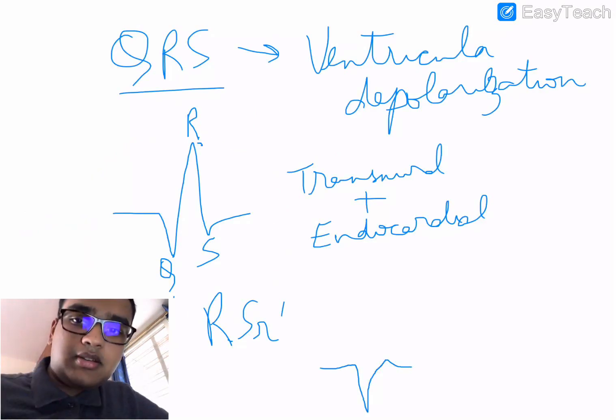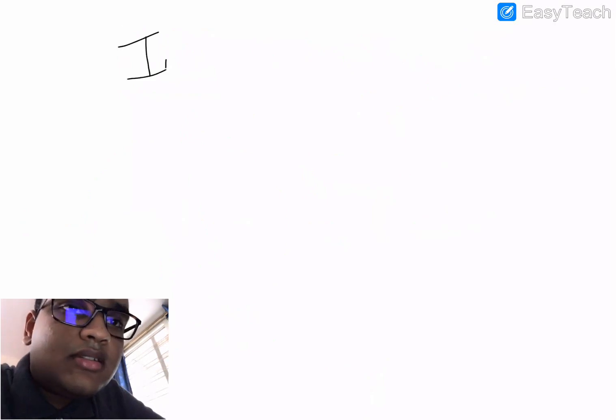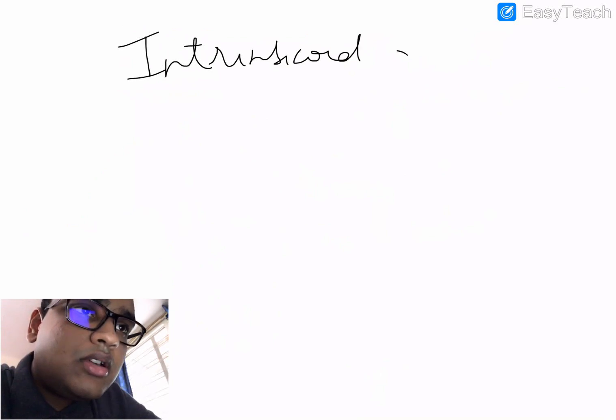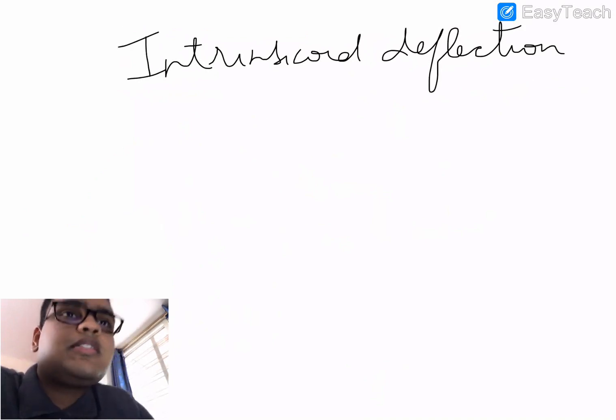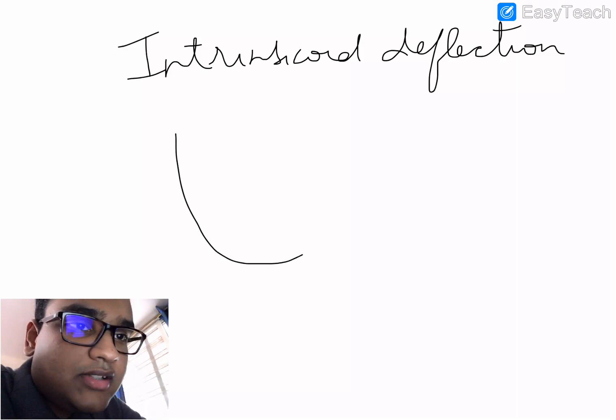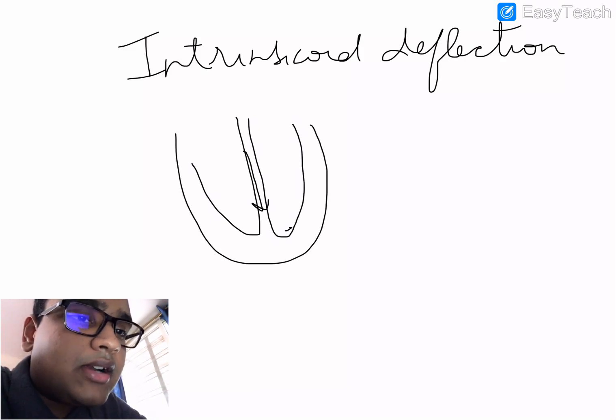Now we have to know something about intrinsicoid deflection, which I told you about. This is quite a conceptual topic. This is the cardiac ventricle muscle fiber, and the electrical activity goes like this. This is the endocardium, this is the epicardium. Whenever there's electrical activity, it goes from the endocardium towards the epicardium.